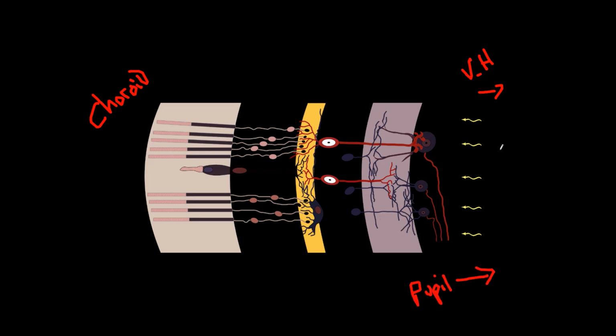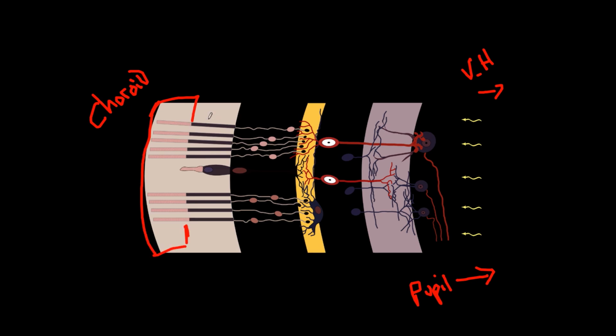So we have light coming in here, shown by these wavy arrows, coming in from the pupil through the vitreous humor. The first thing it's going to interact with, or have to pass by, is these ganglion cells. It passes by the ganglion cells, passes by the bipolar cells, passes by the inner segments of these photoreceptors, and it's not till back here that we actually get to the photoreceptive part of those cells, the cilia.